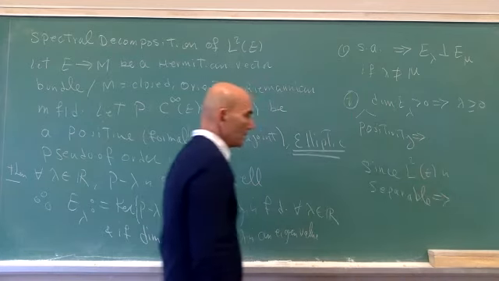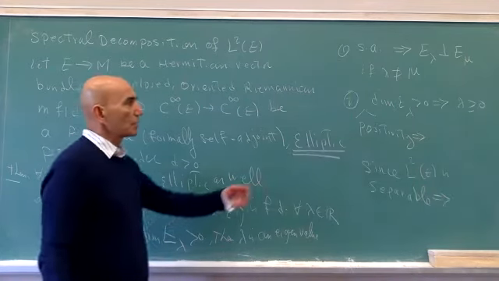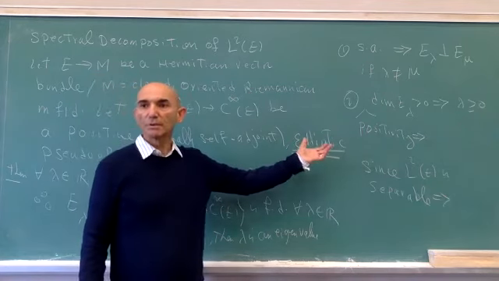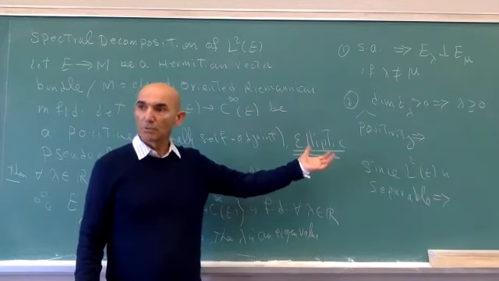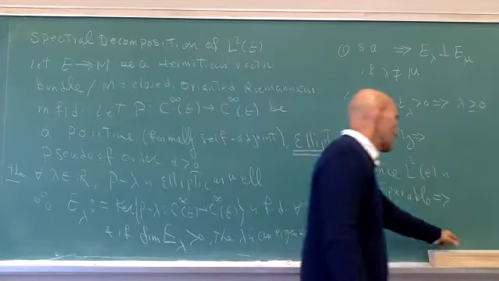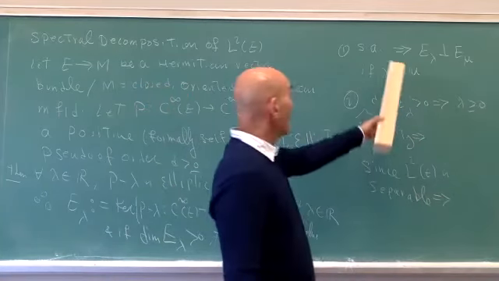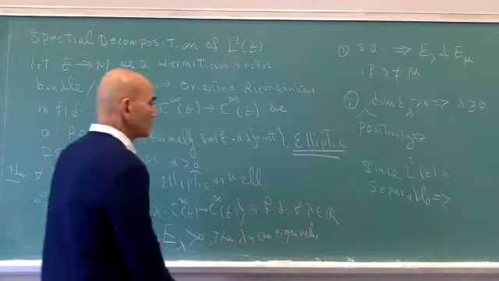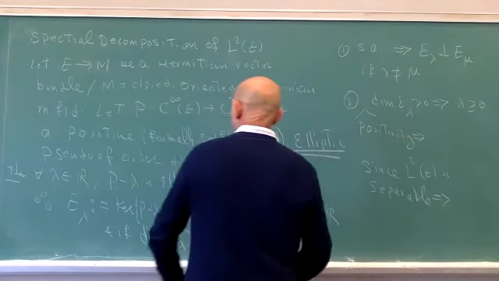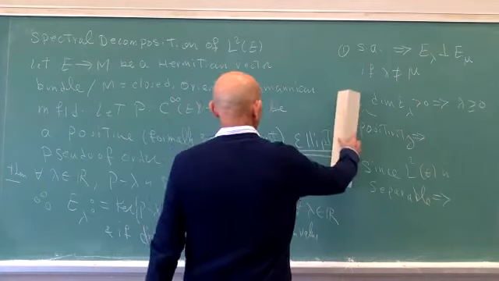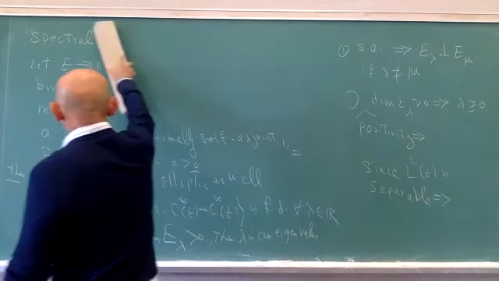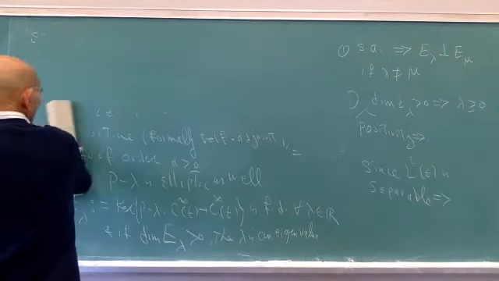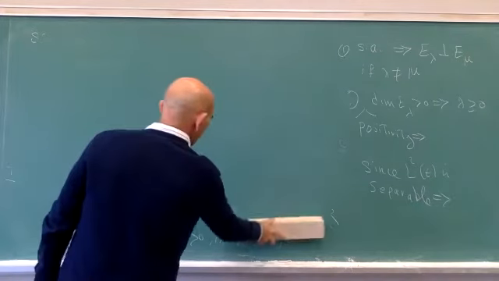You immediately conclude that there's going to be just a countable set of eigenvalues, because this orthogonality and Hilbert dimension implies that there exists a countable set of eigenvalues.